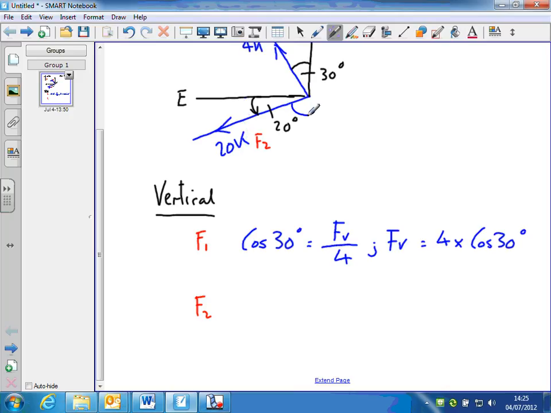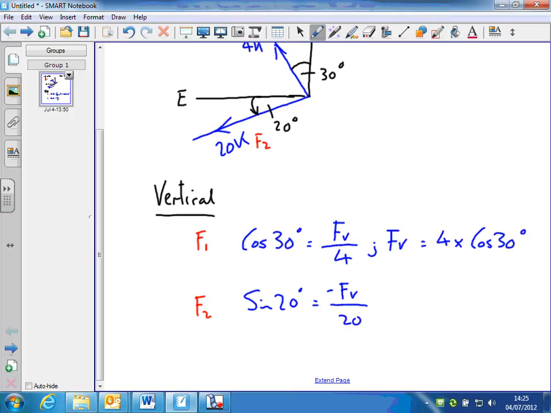So we can work our way through and find out what the vertical component of the force is. We can either use the sine of 20 degrees using this one, and that's the opposite side, or we can use this angle here, which is 70 degrees, and the cosine. But let's use sine, so sine of 20 degrees equals the vertical component, which is negative, over 20.